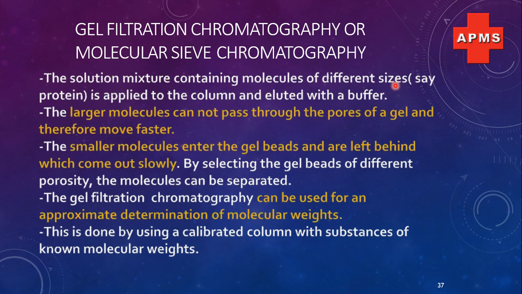The solution mixture containing molecules of different sizes, say protein or any polymer, is applied to the column and eluted with a buffer. If a protein is unstable at high or low pH, then we have to use buffer type solutions. So the mobile phase will be a type of buffer, to retain the stability of these biomolecules. The larger molecules cannot pass through the pores of a gel and therefore move faster.